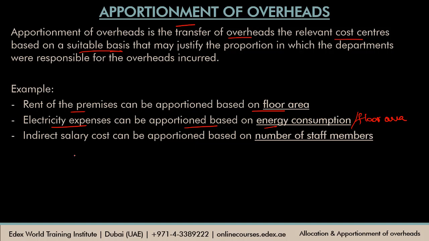Let's say allocation is not possible for some reason. Maybe it's not very convenient for the business to exactly find out how much cost has to be allocated over each department. So one can apportion the total indirect salary cost over the cost centers based on the number of indirect workers each department is employing.